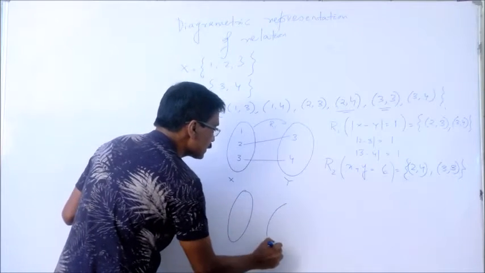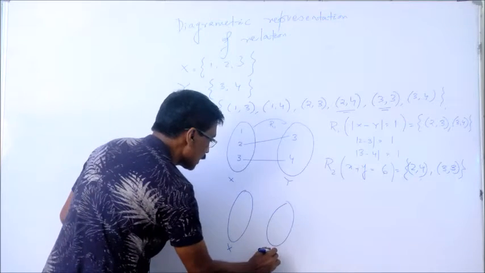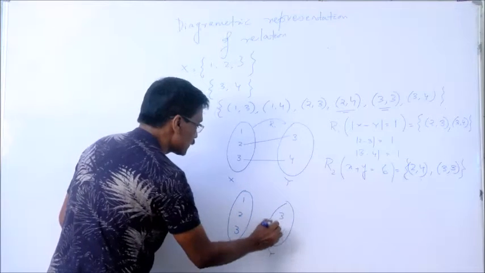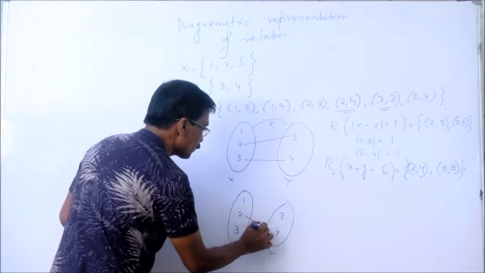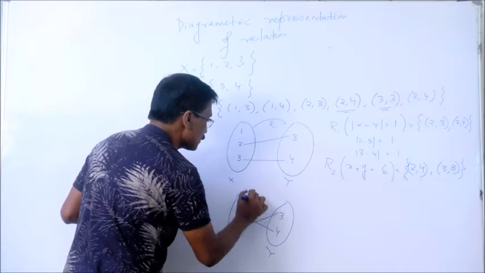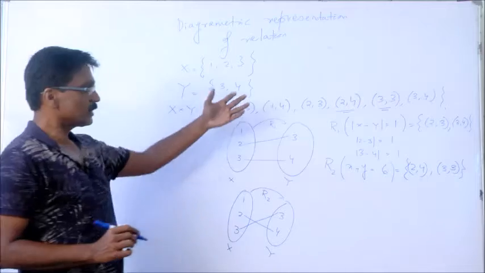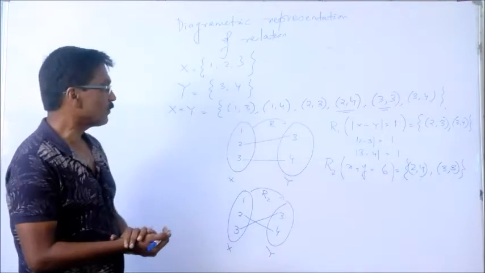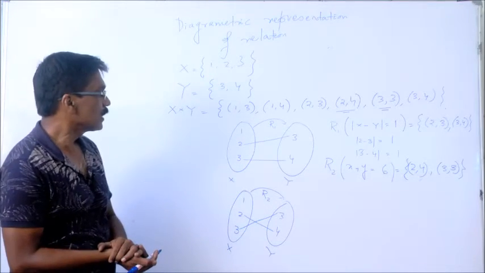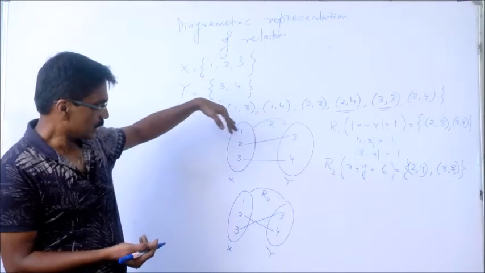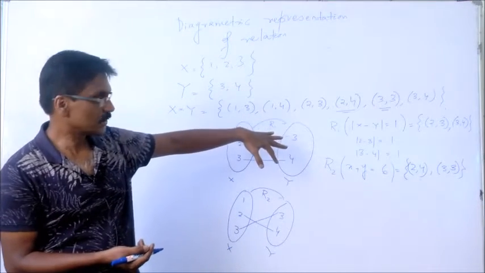Again, we represent it like this with X set and Y set, 1, 2, 3 and 3, 4. So, this is (2,4), (3,3). So, these are diagrammatic representations of relations. We can represent relations like this.